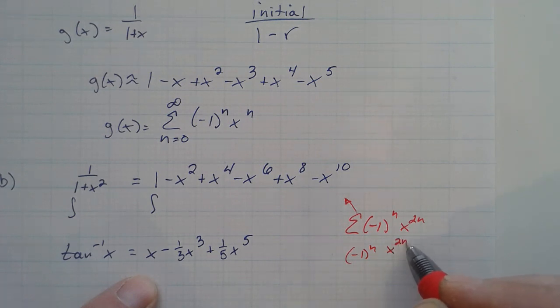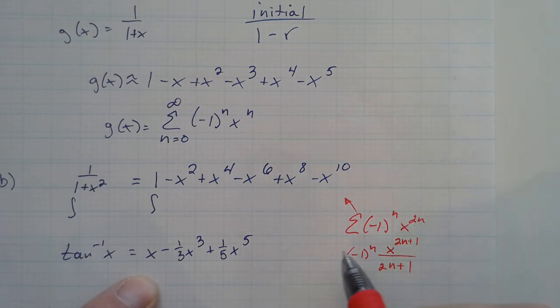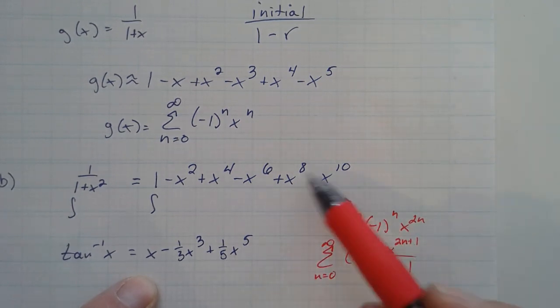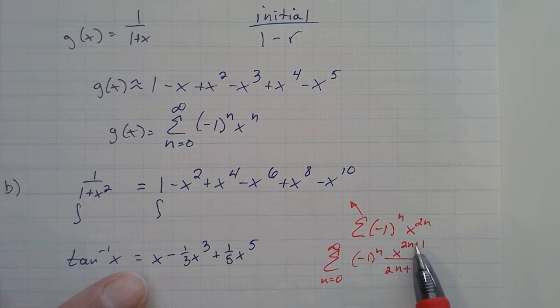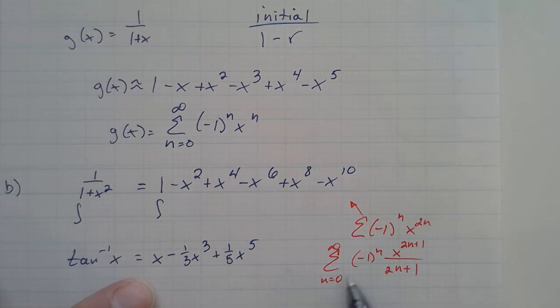We add 1 to the exponent and divide by 2n plus 1. That's our general form of the antiderivative. If I plugged in 0, I get positive x over 1. If I plugged in 1, I'd get negative x to the 3rd over 3, so that's all working out all right.